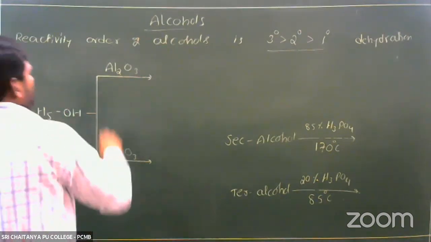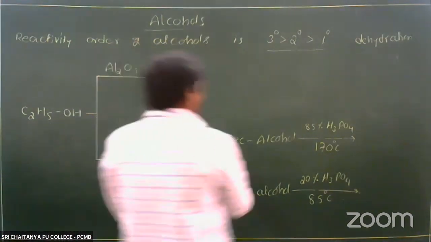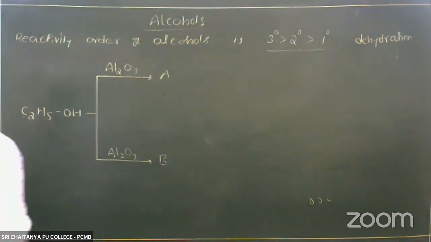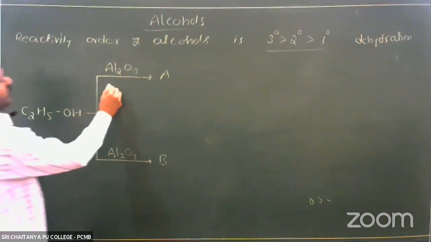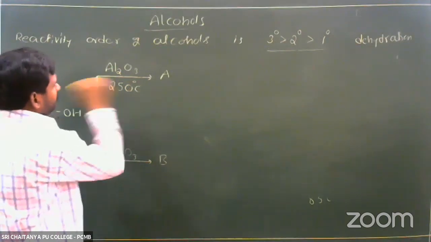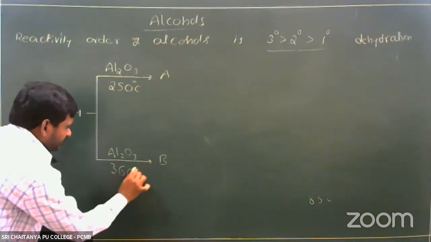At different temperatures it forms different products. In the first case, about 250 to 260 degrees centigrade. In the second case, about 350 to 370 degrees centigrade.